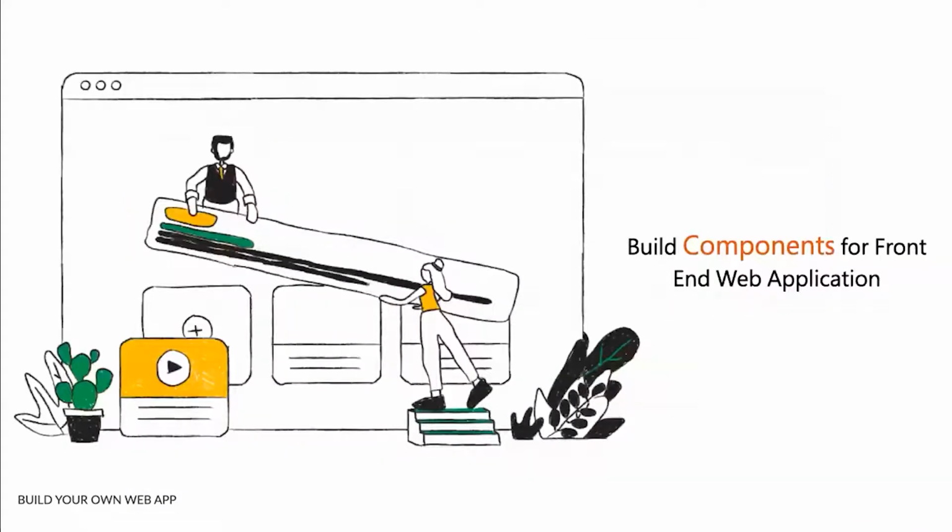So now here's the main thing that I want everyone to remember. Okay, remember components. For front-end web applications, we build components. As you can see from the image, two fellows are holding one big navigation bar over there.